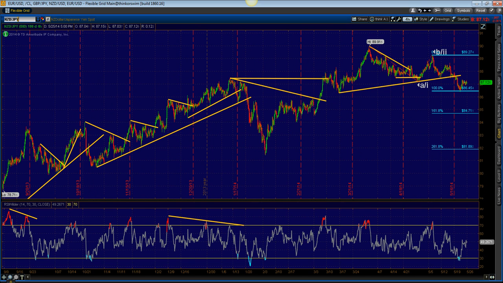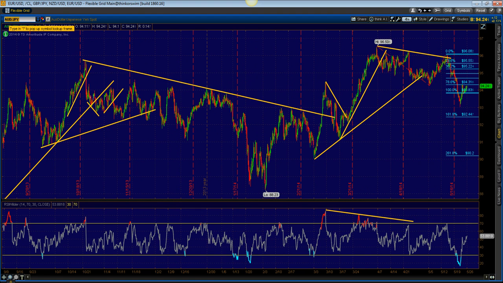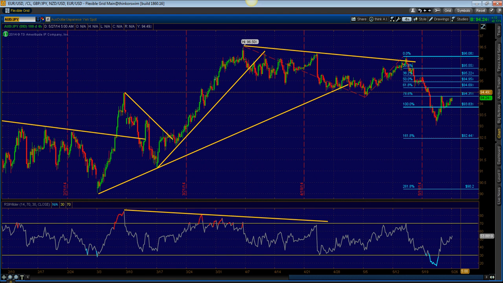The reason why I still like the Kiwi yen for shorts is because of what the Aussie yen is doing. Aussie yen broke the 100% fib, and is a little bit higher, but the next real fib support lies around 92.40. So we have that key support there, and we'll watch how things develop on that notion.